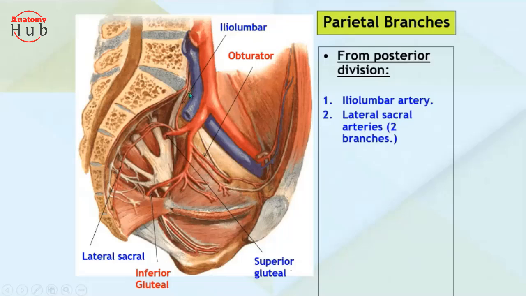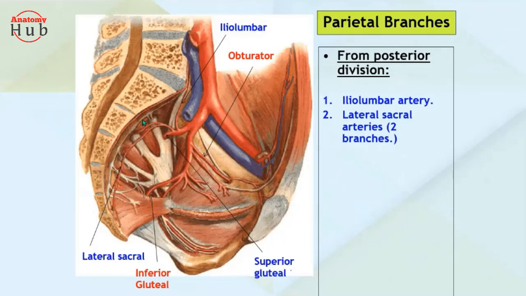Then you'll find the lateral sacral artery. Two branches are coming, okay. They are the lateral sacral artery that will go downward at the lateral margin of the sacrum, because at the middle of the sacrum another artery is there, that is the median sacral artery, okay.